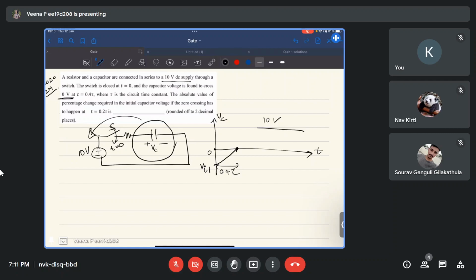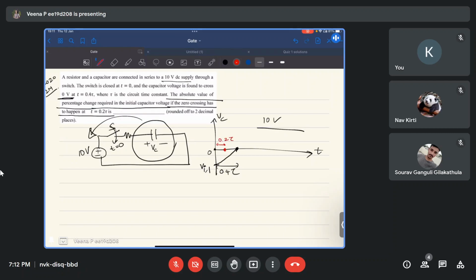Now what we have to find? The absolute value of percentage change required in the initial capacitor voltage if the zero crossing has to happen at t equal to 0.2 tau. That means if the initial value of capacitor voltage was another value, it will reach 0 volt at 0.2 tau.